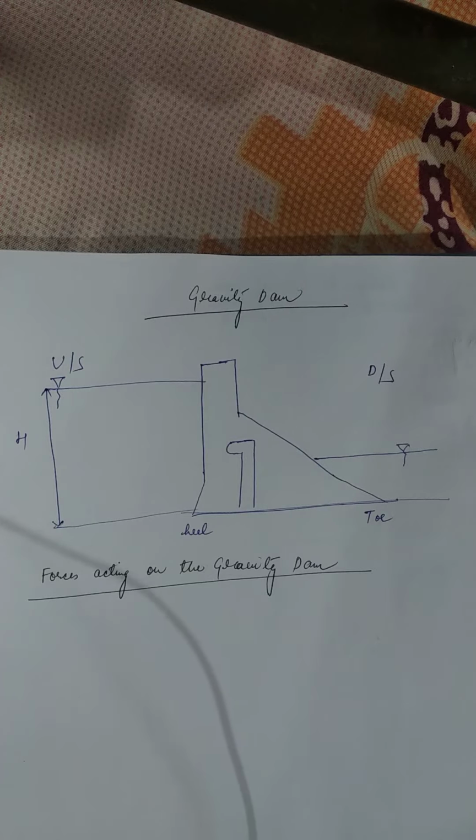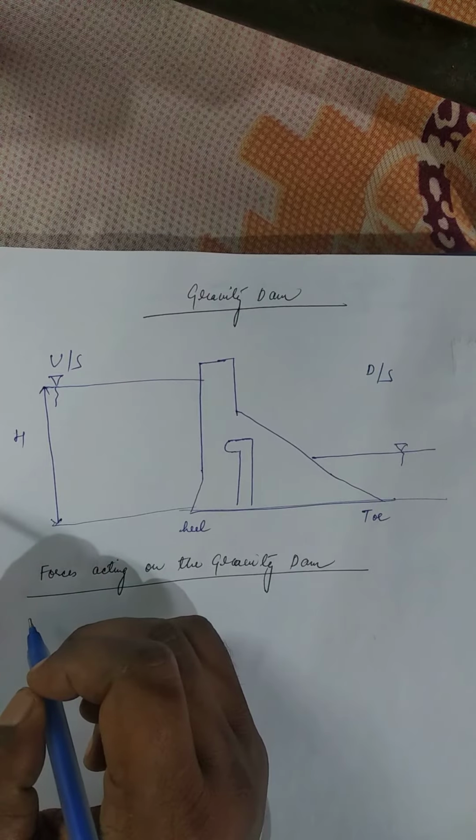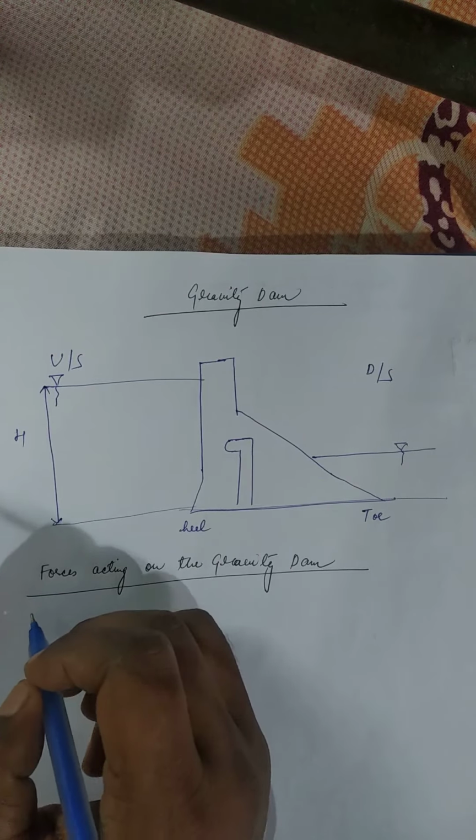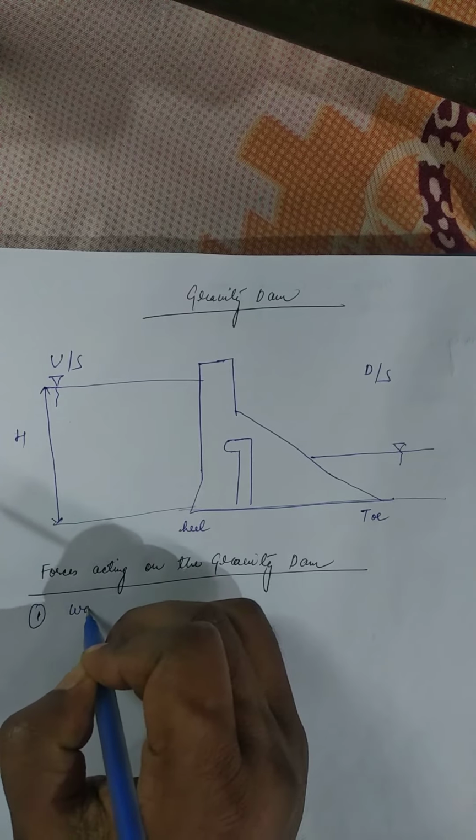That means some forces are balancing and some forces are unbalancing. So let us see one by one. The first force which is acting on the dam is the water pressure.